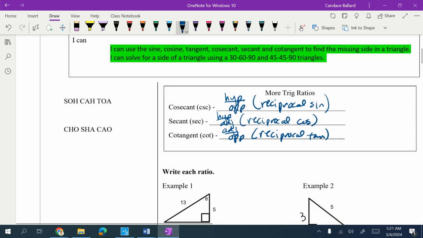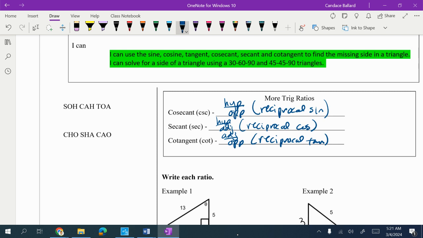Okay, so if you look over here, we've got our SOHCAHTOA acronym, which is sine is opposite over hypotenuse, cosine is adjacent over hypotenuse, tangent is opposite over adjacent.